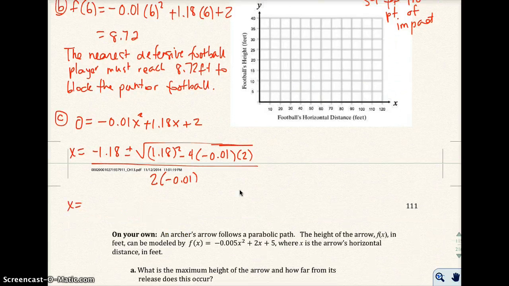I get x equals negative 1.18 plus or minus the square root of 1.4724. Go ahead and type that in with me. I'm going to double check this: 1.18 squared minus 4 times negative 0.01 times 2 under the square root, I get 1.4724. And in the denominator, I have negative 0.02.